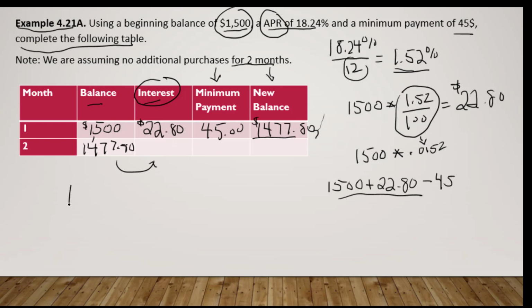So my interest here, 1477.80 times, again, my monthly interest rate, 1.52 over 100, and put that in your calculator. 1477.80 times 1.52 divided by 100, and I'm getting $22.46.